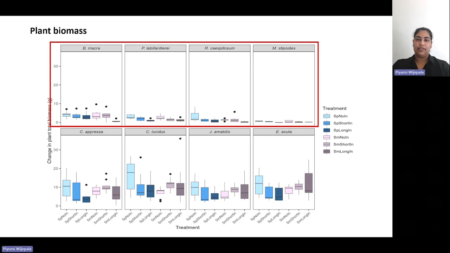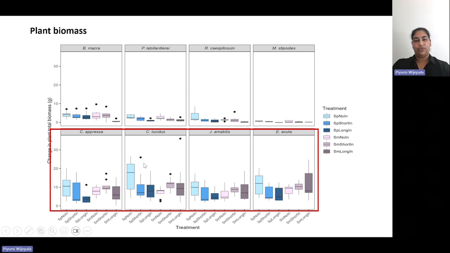these native grasses have a negative response to the spring long inundation and summer long inundation, except for the Botryochloa macra plant. But the riparian plants seem not to do well with the spring long inundation compared to the spring short inundation, but they tend to do well with the summer short and summer long inundation.